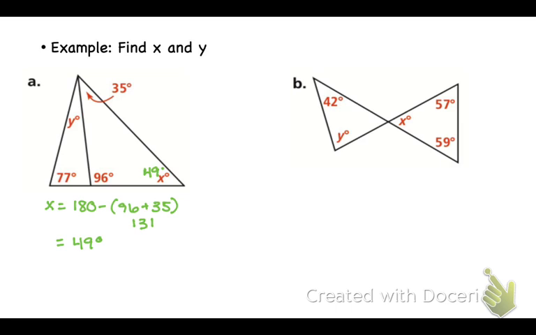Find the big triangle. If you find the big triangle, can you find Y? Mm-hmm. So if we use the big triangle, these 2 angles together form the top angle, don't they? So we would just need to take 180 minus 77, 49, and 35.